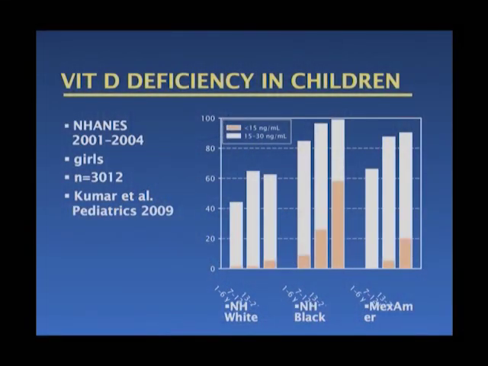Not 40, but below 30. Look, 98% of black teenage girls are below a minimally acceptable level in the United States today. Not all that much better for Mexican Americans or for Caucasians. The younger children tend to do better, but still 40% is totally unacceptable.